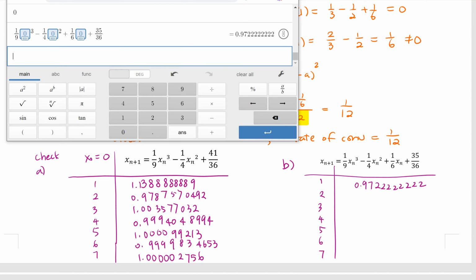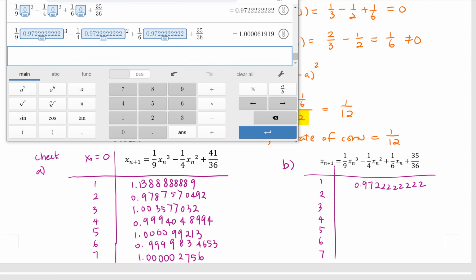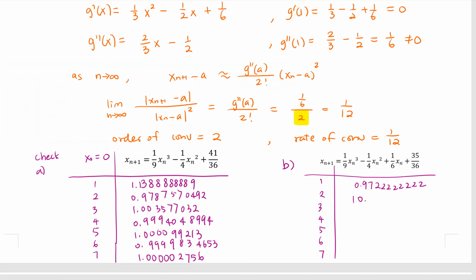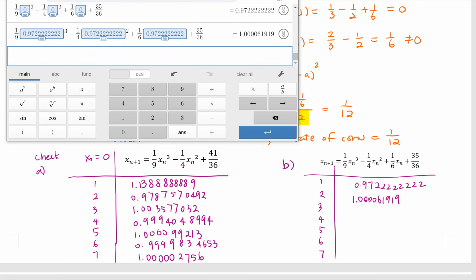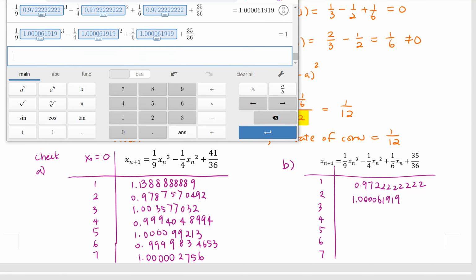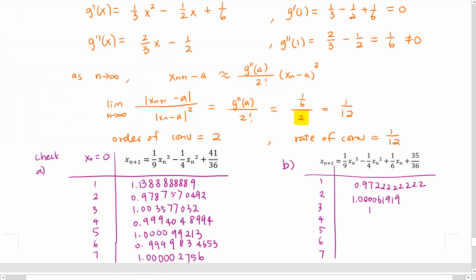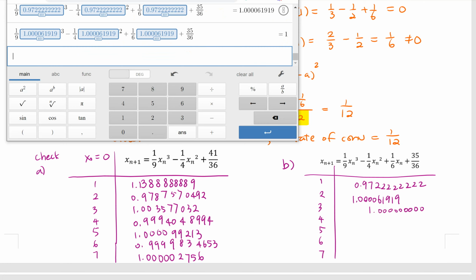Copy it. Enter. 1.000061919. And then, oh, you see at the third step, we get to 1. And 1 is actually 1 point, a lot of 0's, and the calculator will show just 1. So far, so good, everybody.